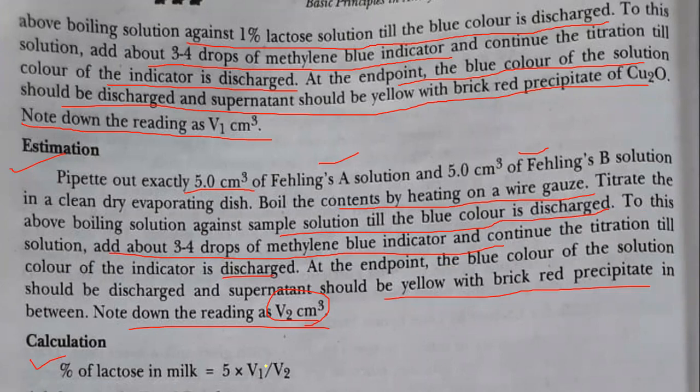After disappearance of the blue color, add 3 to 4 drops of methylene blue indicator. Continue the titration till the color of the indicator is discharged. At the end point, the blue color of the solution should be discharged, and the supernatant should be yellow with a brick red precipitate of cuprous oxide.